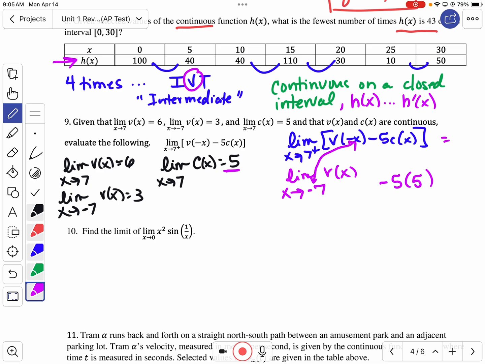Do I have a limit as x approaches negative 7 for v of x that I was given? Yes, it's 3. So 3 minus 25 would be negative 22. That one's weird, I don't think we've seen one done that way before, but you are allowed to switch the two.